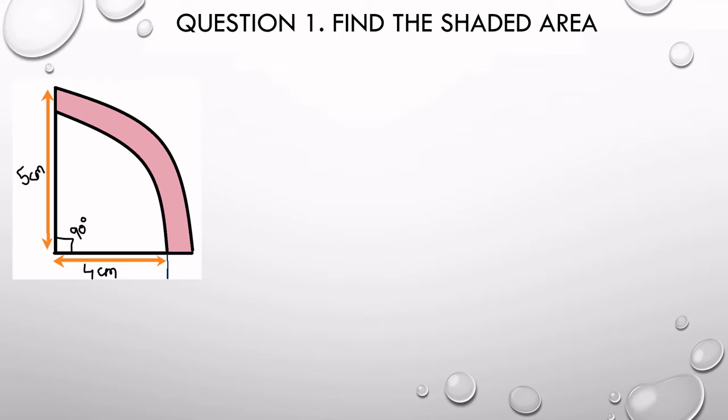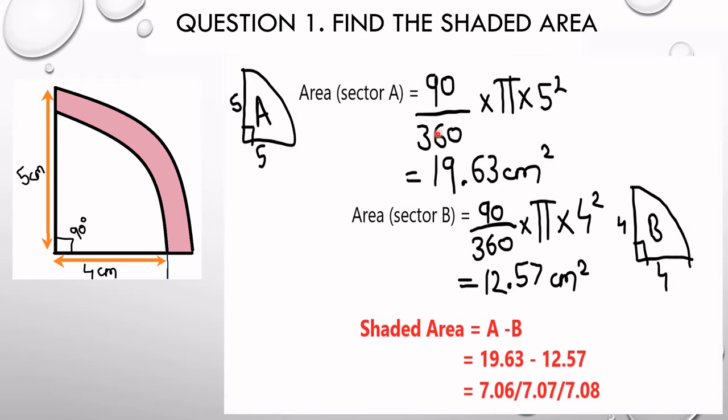If you have to find this area, you have to subtract the bigger sector area minus the smaller sector area. I'll show you over here. I've labeled the bigger sector as A and the smaller sector as B.